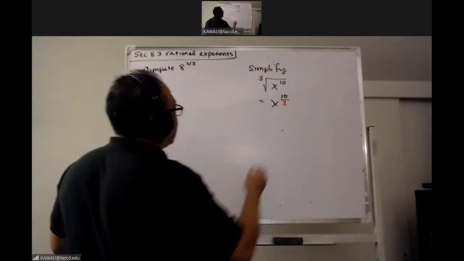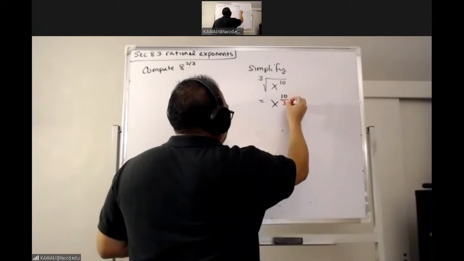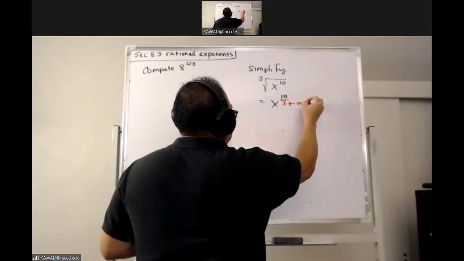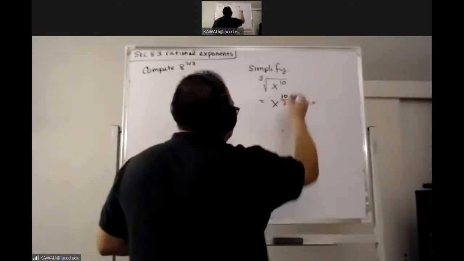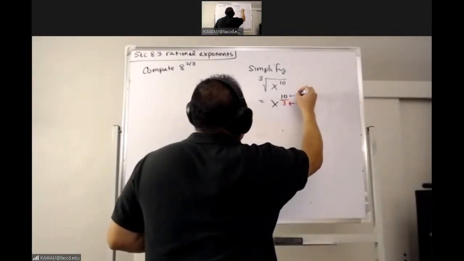Now, this right here is the index, and then the numerator is the exponent.